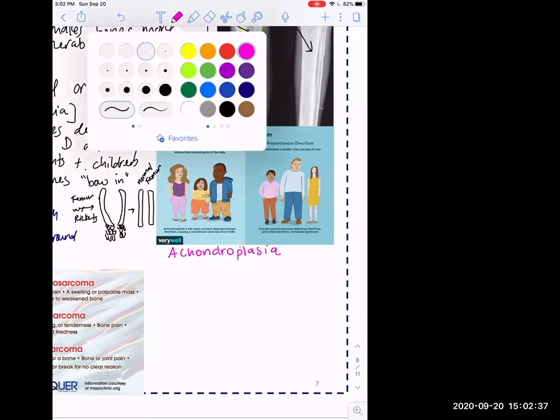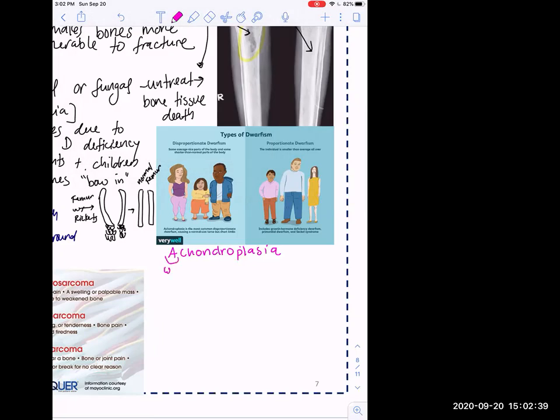A, of course, we know means without. Chondro refers to cartilage. And plasia means cell development. So if we put these all together, essentially you're not having proper cartilage cell development.